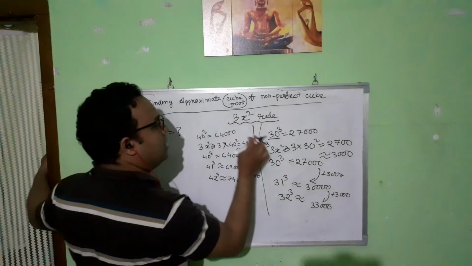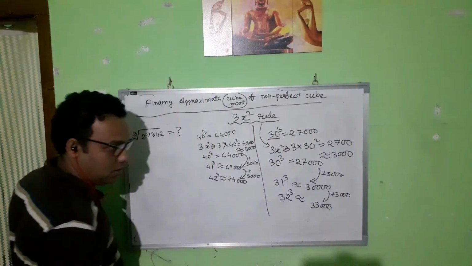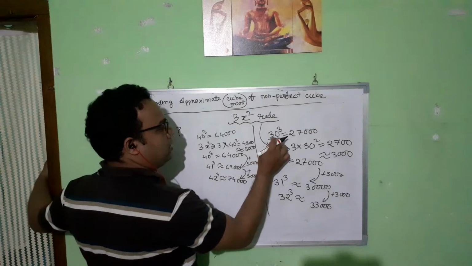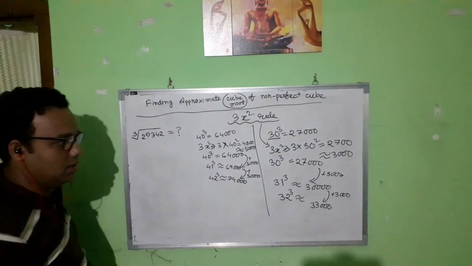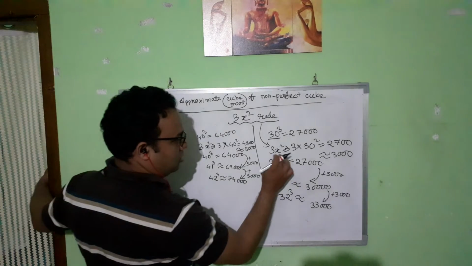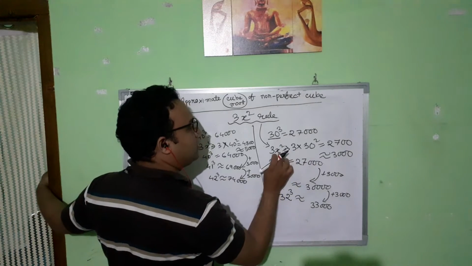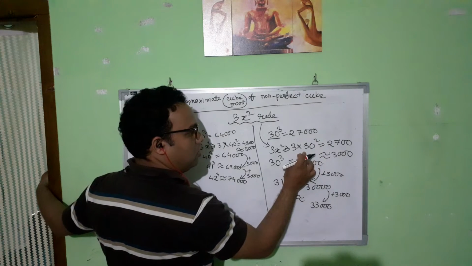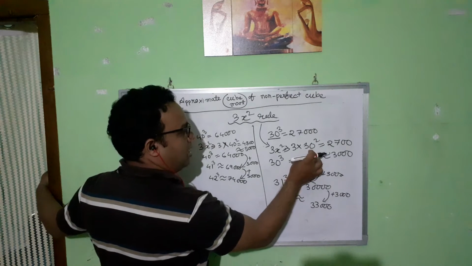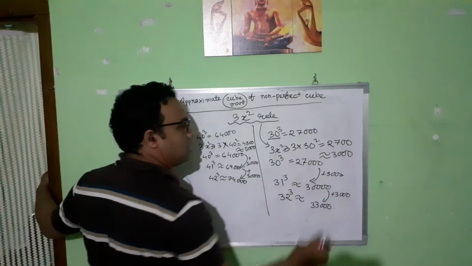If we consider the number 30 as x, and we apply 3x square here, then what will be the answer? The answer will be 3 into, in place of x, 30 square. So 30 square will give you 900. 900 into 3 will be 2700.